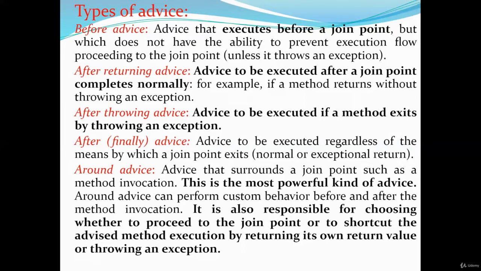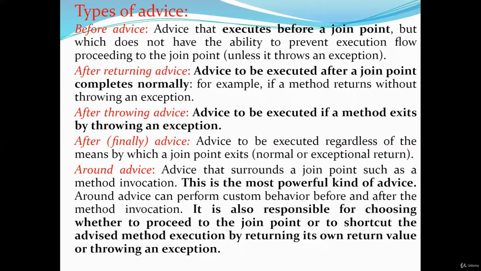There is after finally advice. So this gets executed whether there is a normal return or exceptional return from the join point. And there is one more advice, which is around advice, which is very powerful.